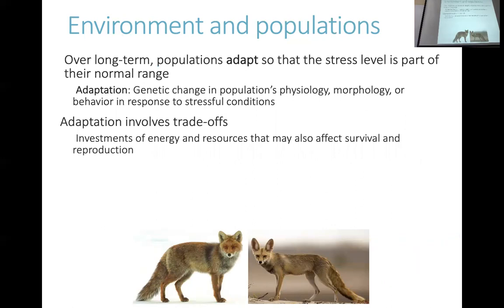Over the long term, populations, so acclimation is short term, adaptation is long term. Over the long term, populations adapt. So an individual organism doesn't adapt, but a whole population will adapt to conditions so that whatever stress they're dealing with now becomes part of their norm. And they just survive in that, and that is now not stressful to them anymore.